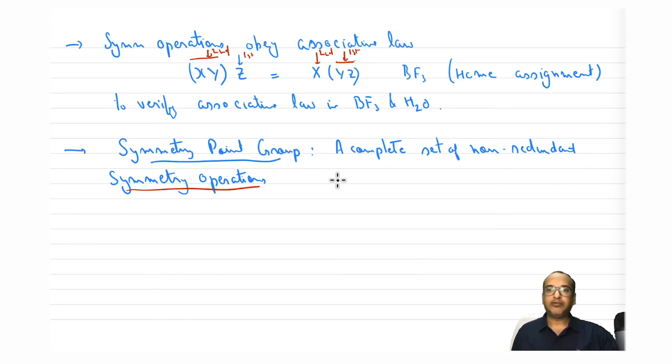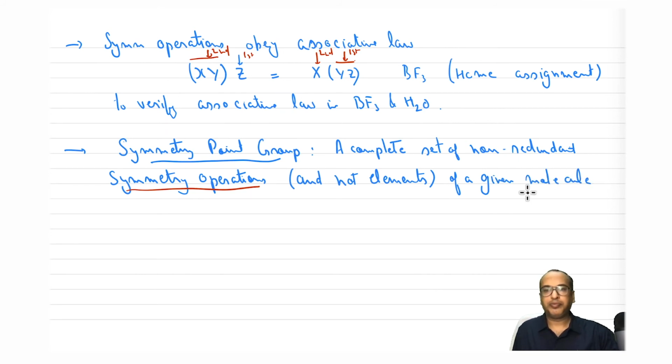So a complete set of non-redundant symmetry operations, and I will specifically write here, and not elements, of a given molecule defines a symmetry point group. We'll see why it is called a point group and all.